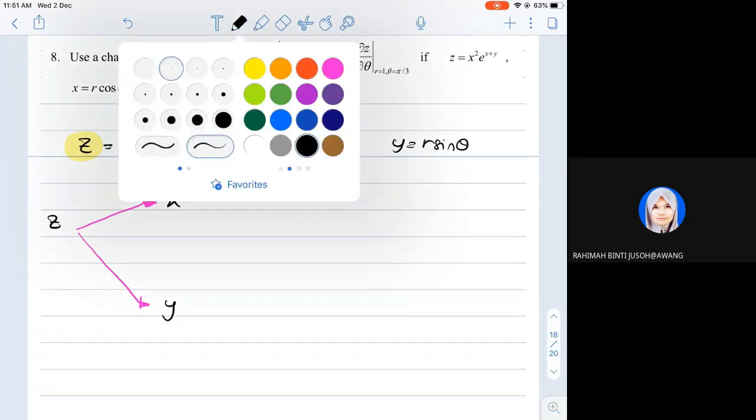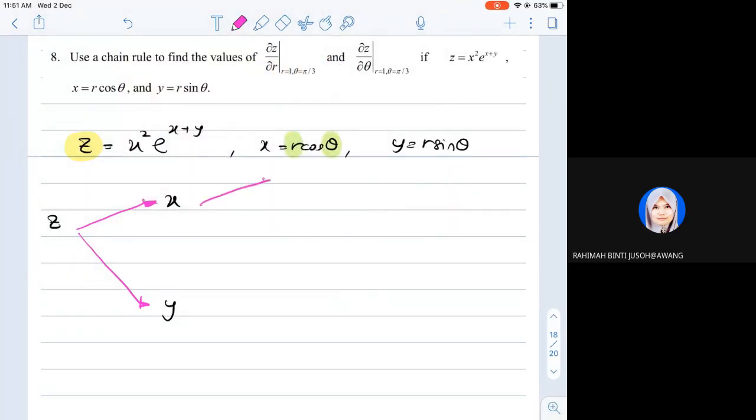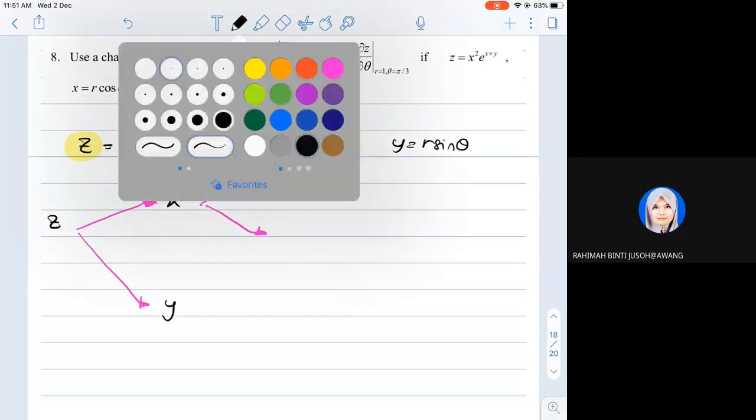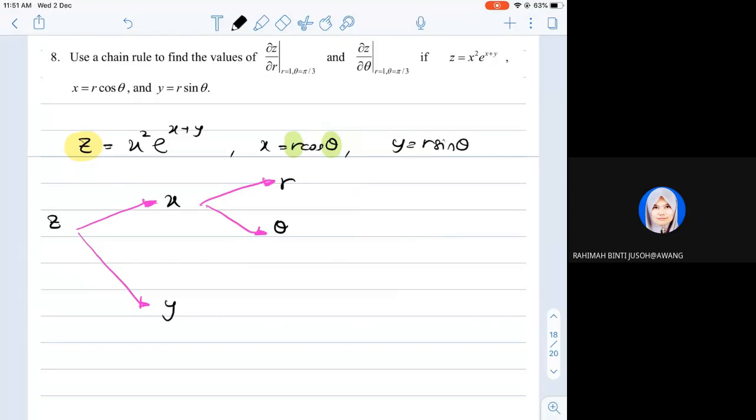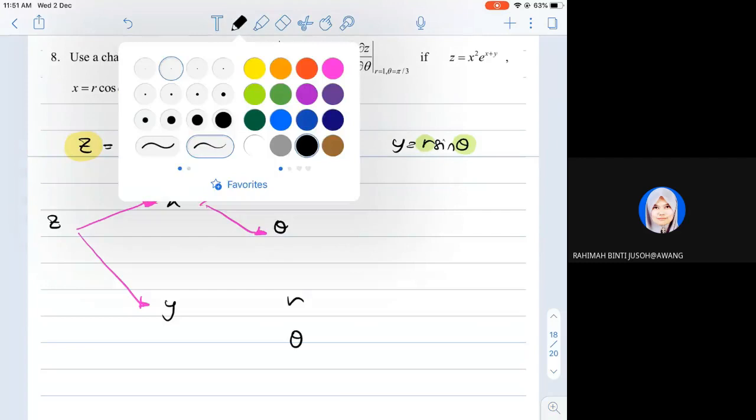The branch for x has another two branches, r and theta. The same thing happens for y: y also consists of r and theta. So this is the second branch.